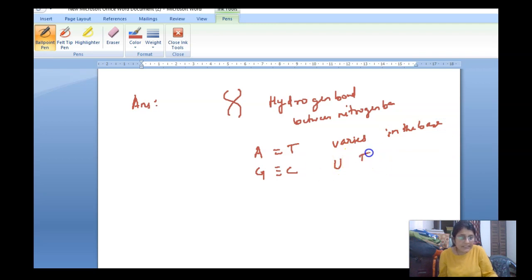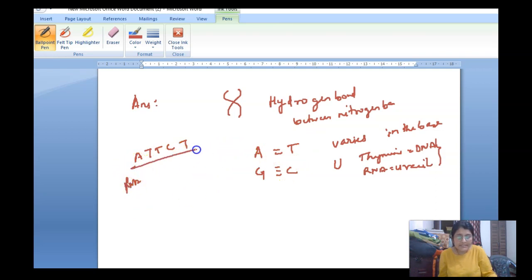Despite containing thymine, which is present in the DNA strand, RNA always contains uracil. So whenever we have to copy something from a DNA strand, RNA always pairs with uracil instead of pairing with thymine.